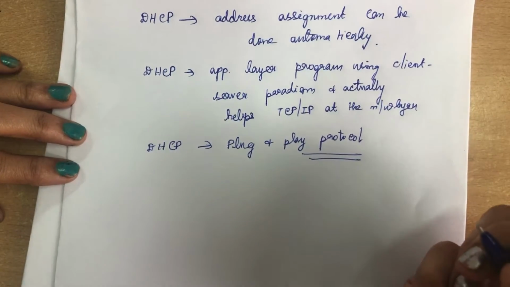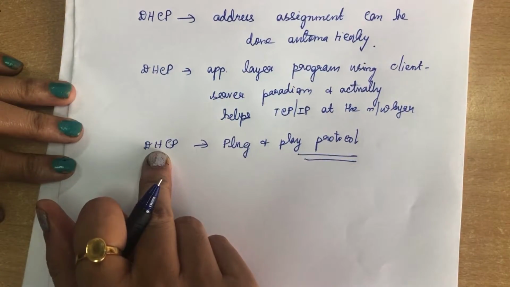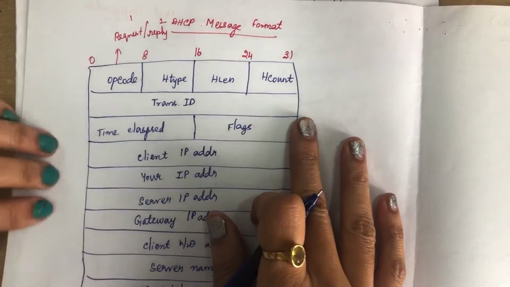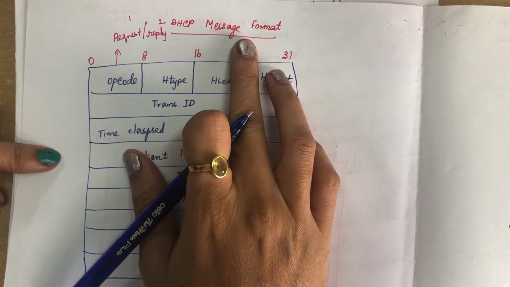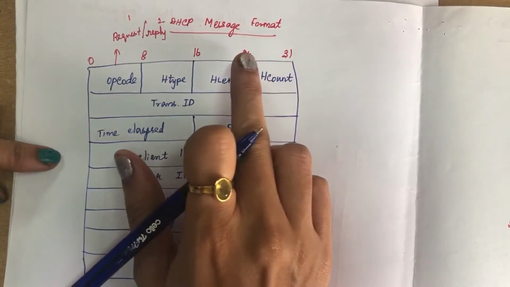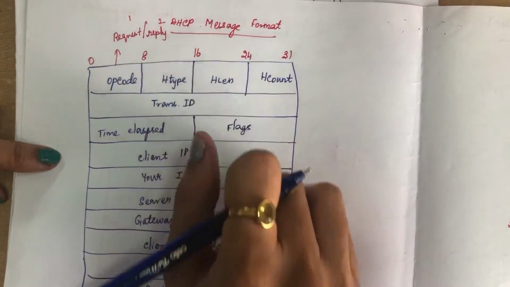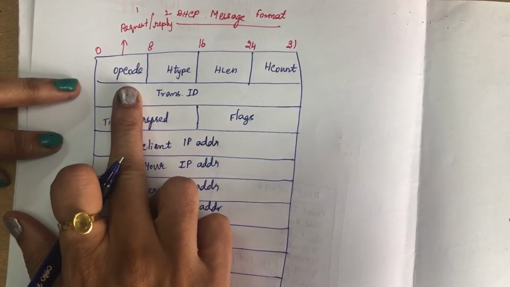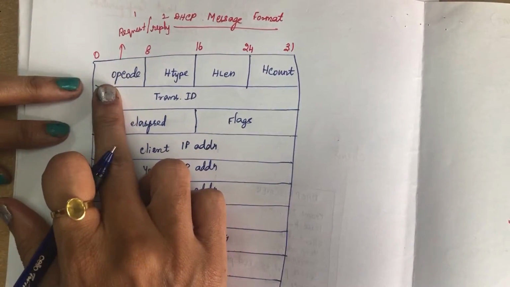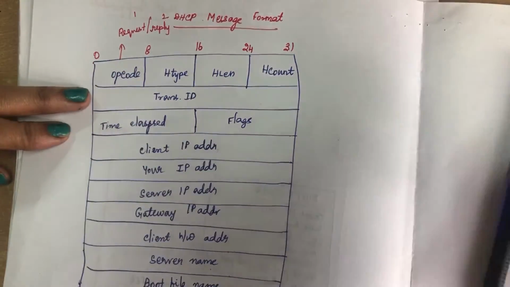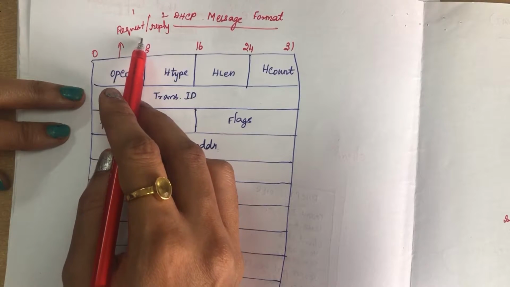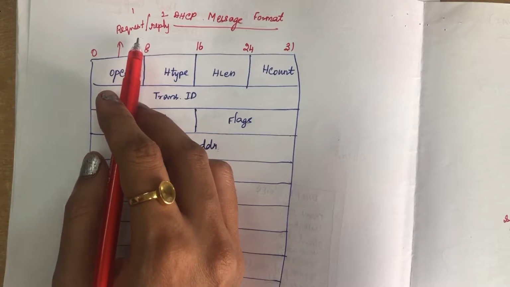We will see how DHCP assigns IP addresses to individual users. Next we will see the message format. Before going into message transmission, we will see what the message format of DHCP is. This is the header message format. The opcode will tell you whether it is a request or a reply, whether we are going for a request for DHCP or we are going to get a reply.